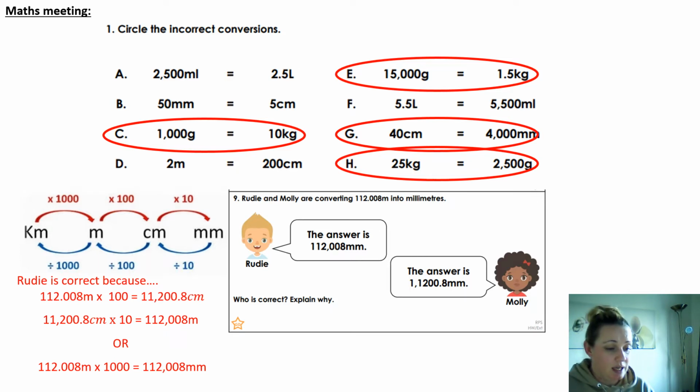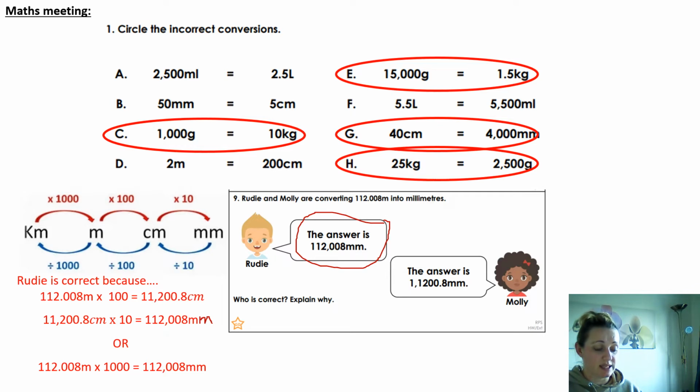Then, in order to convert that into millimetres, that should say, sorry, let me just put an extra M on there. We need to then multiply the answer by 10. So the answer becomes 112,008 millimetres. So therefore, that is the correct answer.